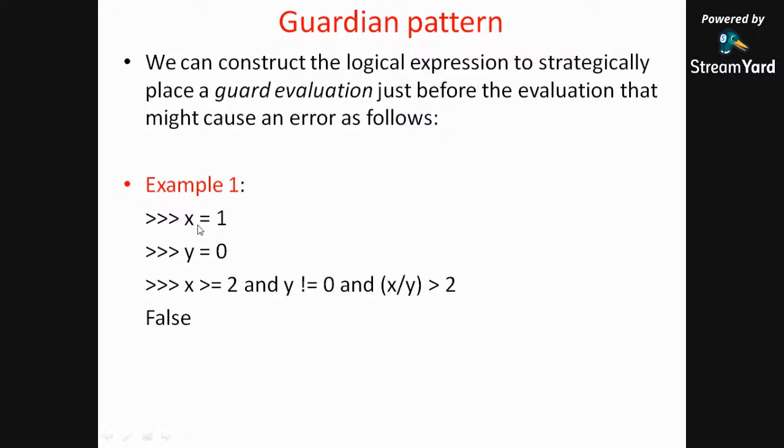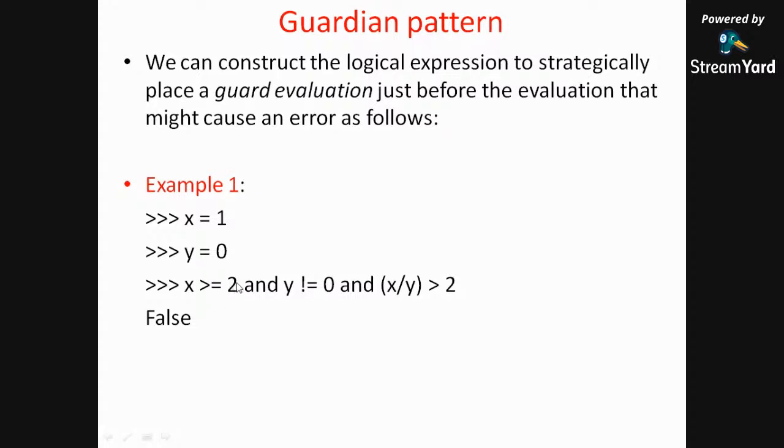For example, x is equal to 1 and y is equal to 0. Observe carefully here: x greater than or equal to 2 and y not equal to 0 and x by y greater than 2. In this case, x is 1, and 1 greater than or equal to 2 is false.